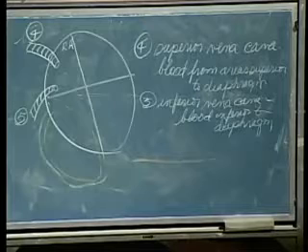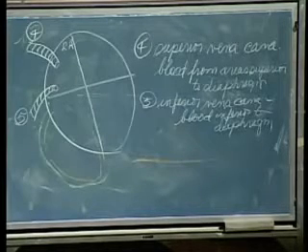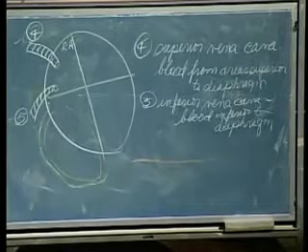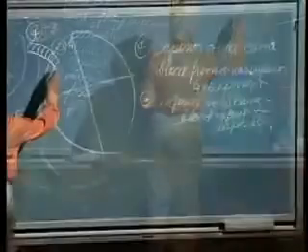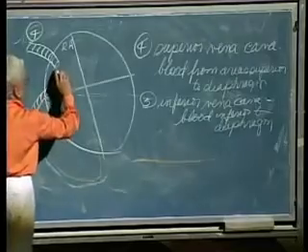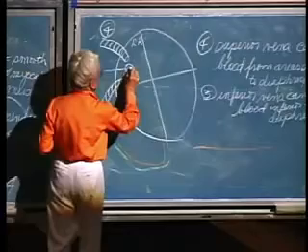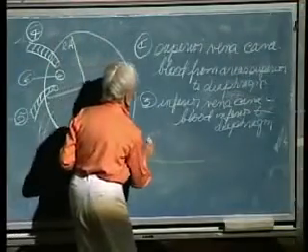Does anybody know what it is? Pardon? You're close. Coronary sinus, right. In between the entrance of the superior vena cava and the inferior vena cava, we have the coronary sinus. So this will be 6. 6 is the coronary sinus.